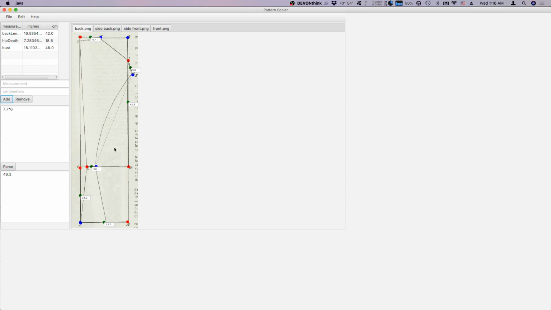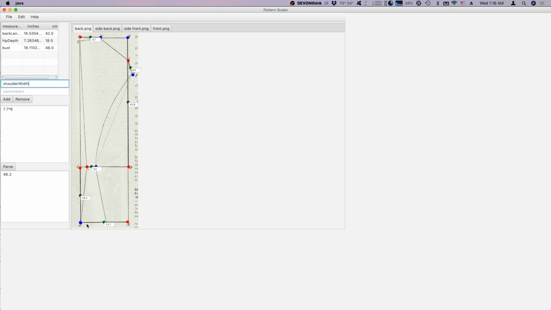But we can also put in the shoulder width, and this is equal to 15.7.